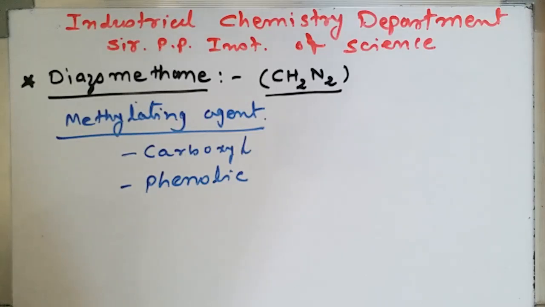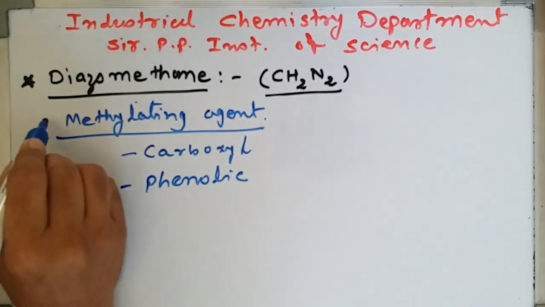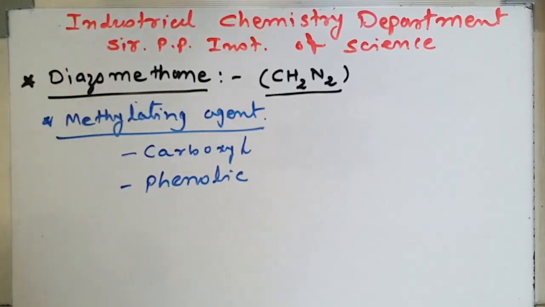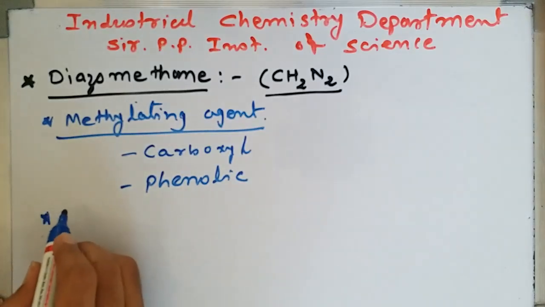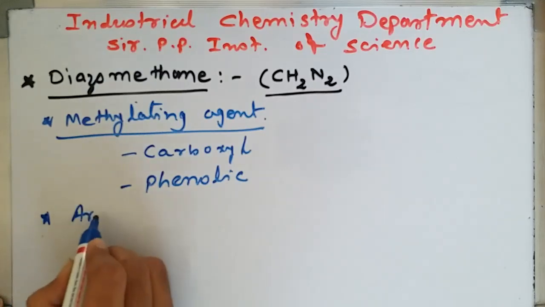The second important use of diazomethane is in synthesis of some compounds, known as acid synthesis.